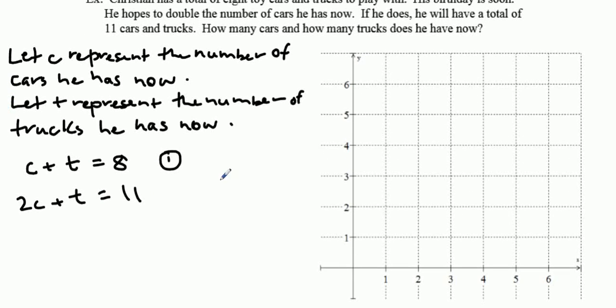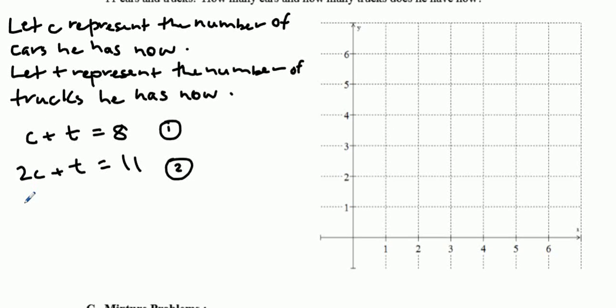Okay, so I look at this equation and I say, this looks like it lends itself really nicely to elimination, but look what it's being asked of me. It's being asked because I presented this graph, I really am asking you to graph this. So c plus t equals 8. Again, I want to make sure this is not an x and a y. This is c and t, and one is not independent of the other.